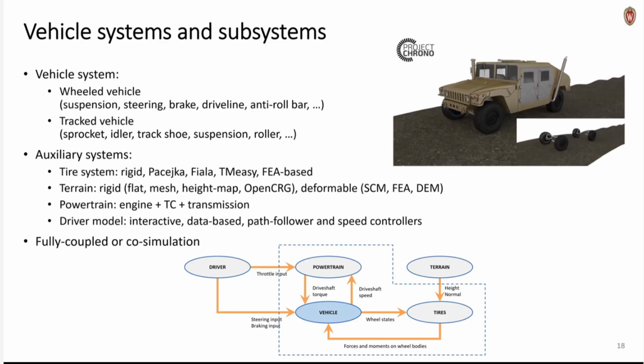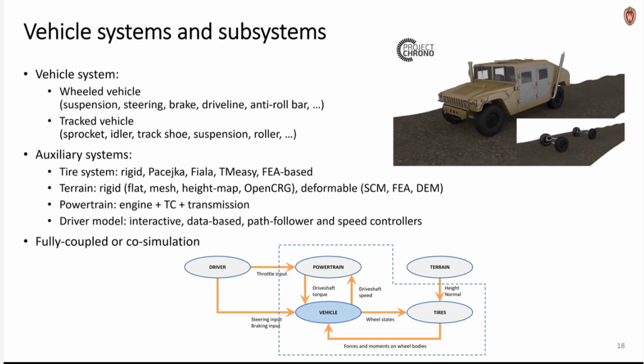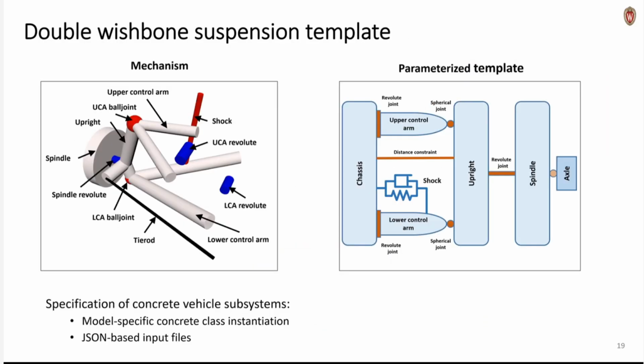And you see there a Chrono Humvee model that undergoes a RMS course, which is a standard mobility test for off-road vehicles. This is an example of a template for a double wishbone suspension. This would be the simplified real-world physical model, if you remember back to the first slide, right?